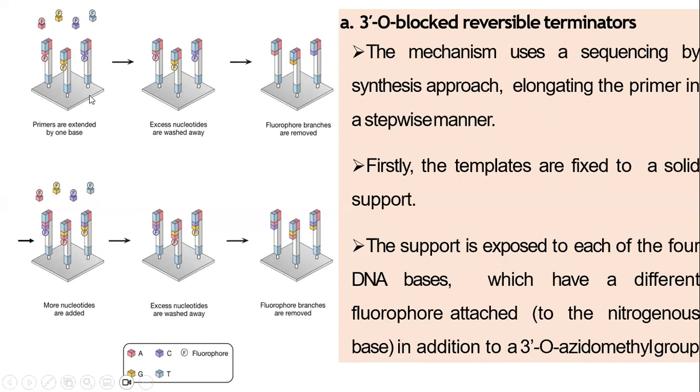So firstly, the template needs to be immobilized or fixed onto a solid support, which is already done in the previous step. And then we add primer and everything that is required for PCR, and we add all the four bases which have four different fluorophore groups attached to the base, and in addition they have an azidomethyl group at the 3' hydroxyl end.